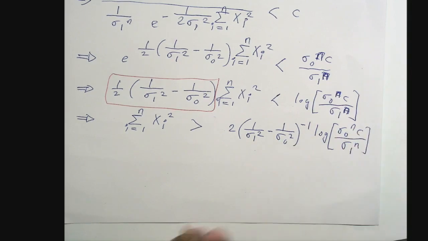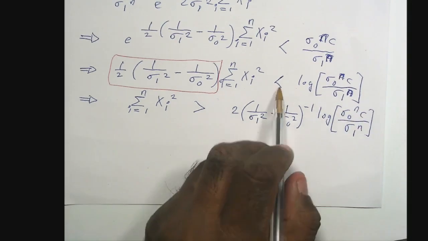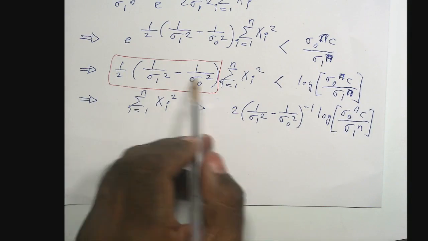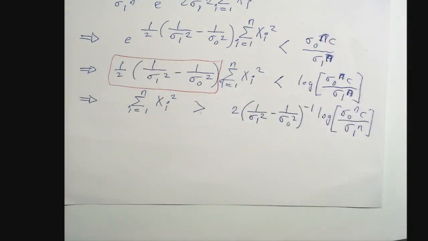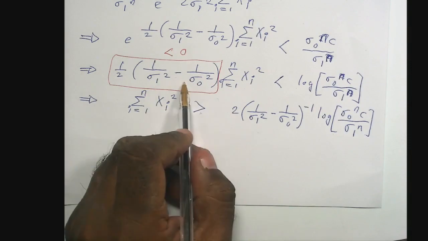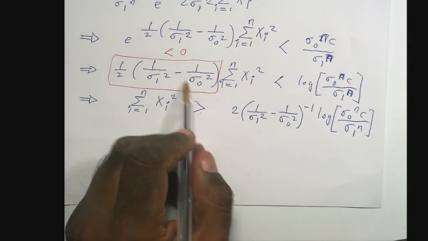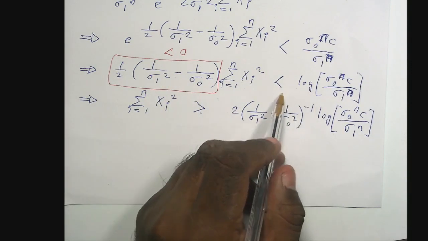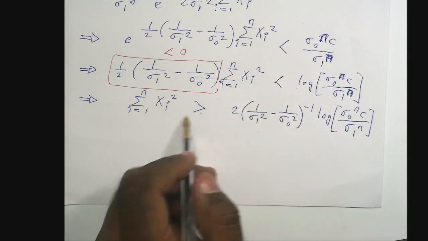All right, this is what you get. Now the reason that this becomes greater than is because this term here is a negative number. You can see that this is negative because sigma 0 is less than sigma 1. So when you divide something by a negative number, you need to change the less than to greater than.